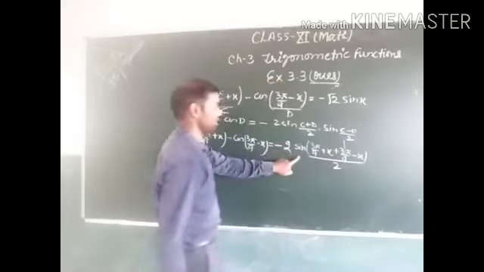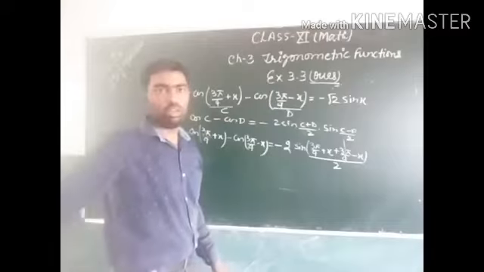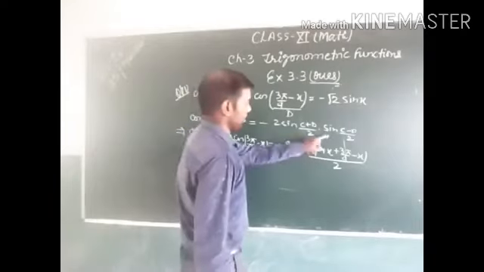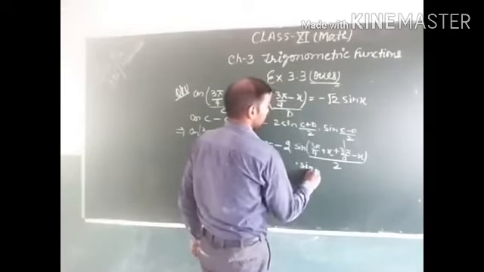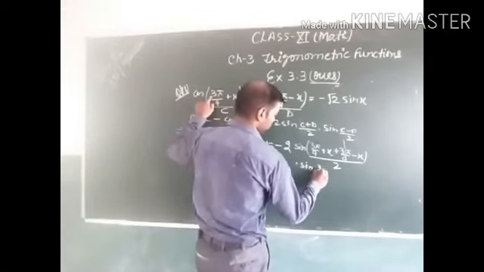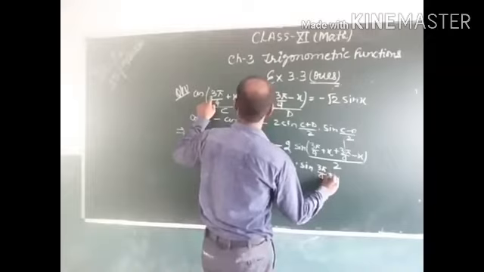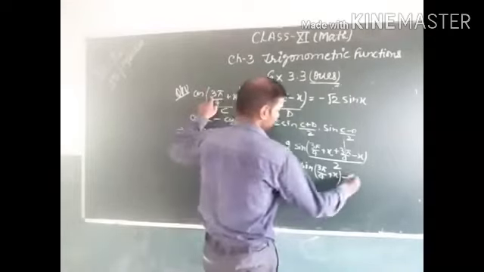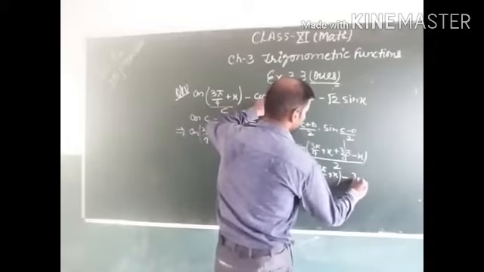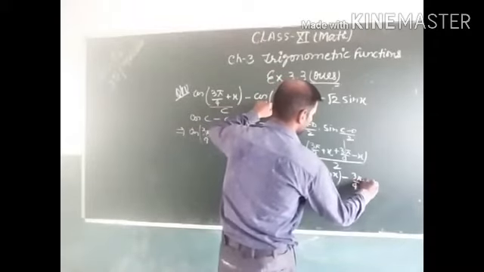Now sin of C minus D by 2, where C is 3 pi by 4 plus x minus D, which is 3 pi by 4 minus x.